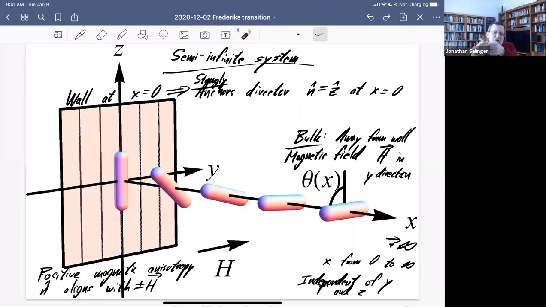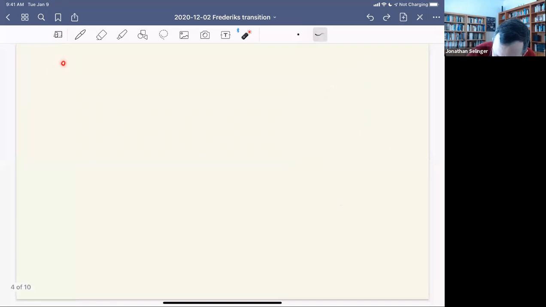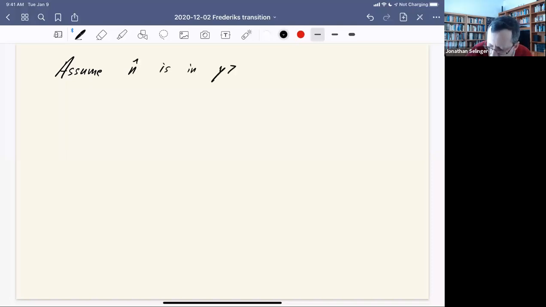But there's no reason for it to point in the X direction. That would just make extra derivatives of the director, which would have no benefit. Okay, so let's then do a calculation where we assume N is in the YZ plane.